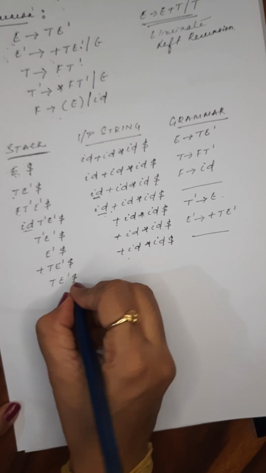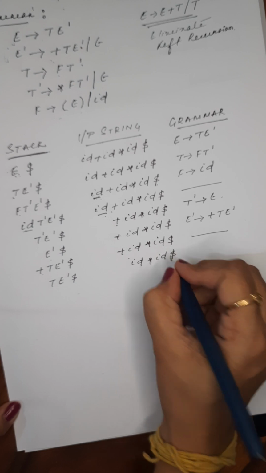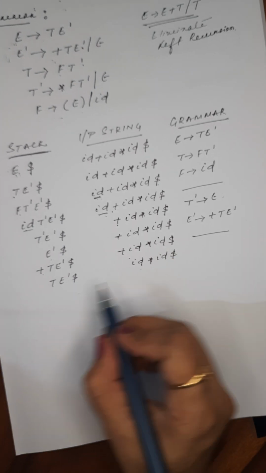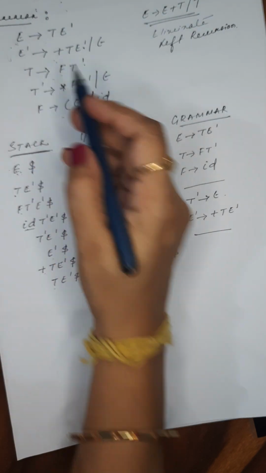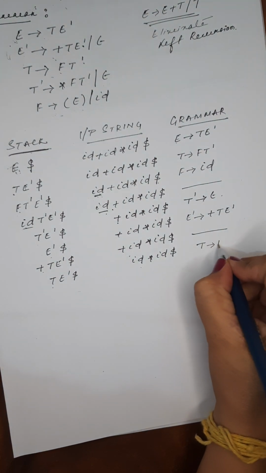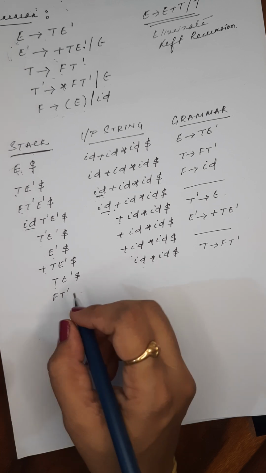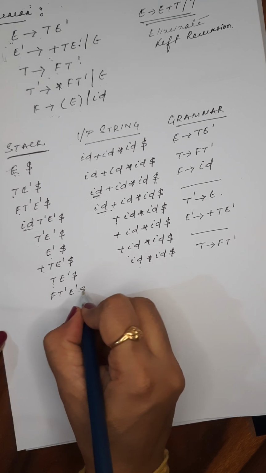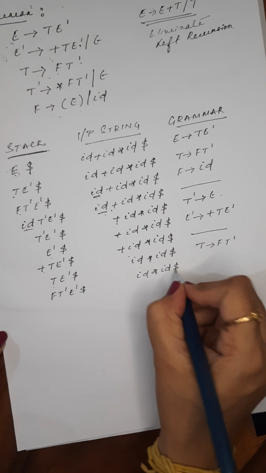TE dash dollar, ID star ID dollar. Now what do I need? ID. Here on the stack top what do I have? T. For T only one production is there. So take T tends to FT dash. So FT dash E dash and dollar, ID star ID and dollar.